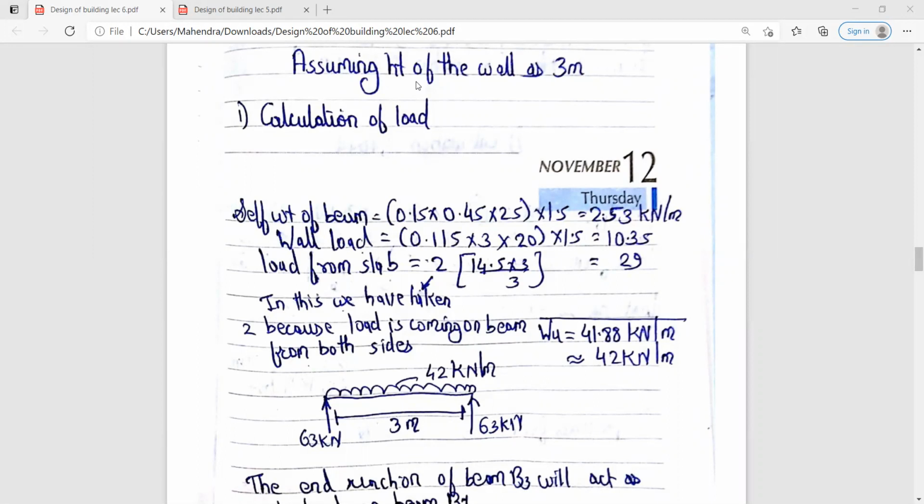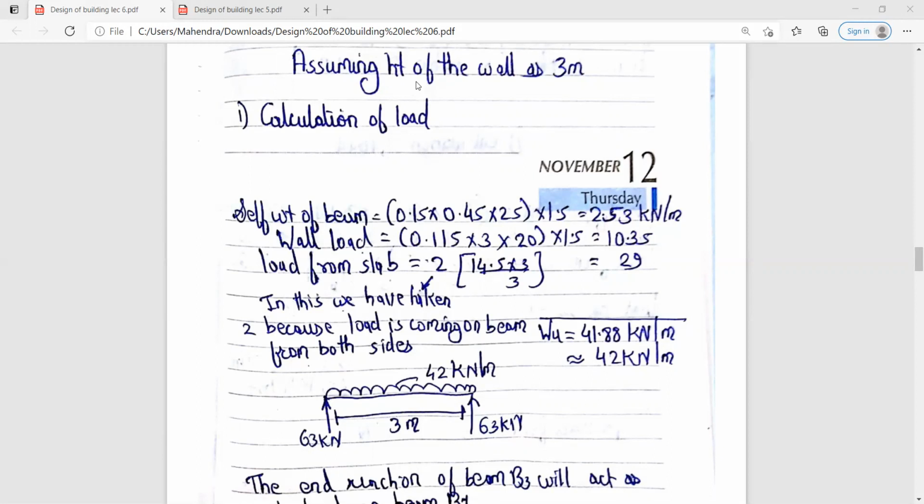And the load from the slab is, total load, what did we get? 14.5. So 14.5 into W into L by 3, L is your 3. So 14.5 into 2 into L by 3. Why did we consider 2 now? Because load is coming on the beam from both sides.